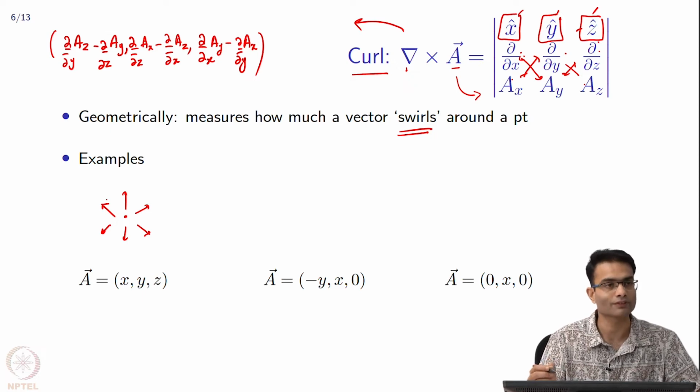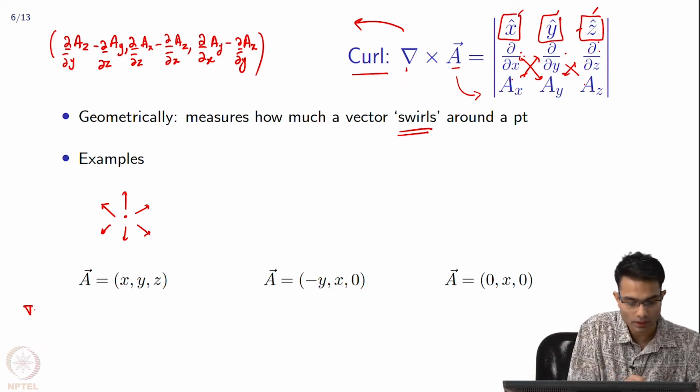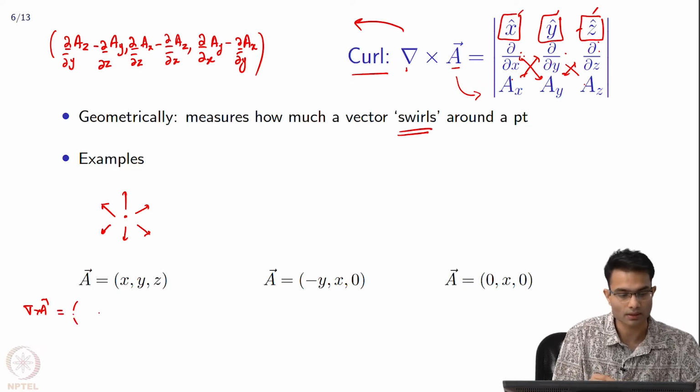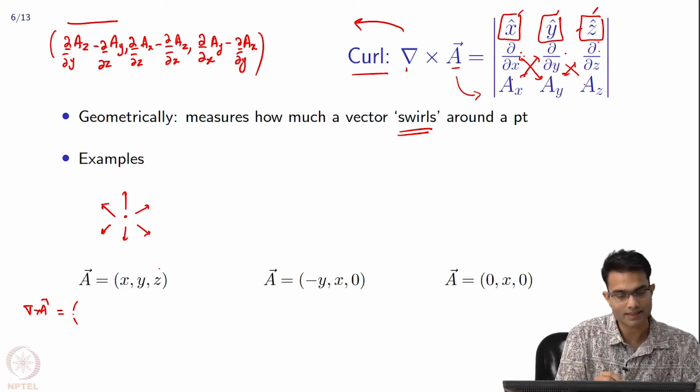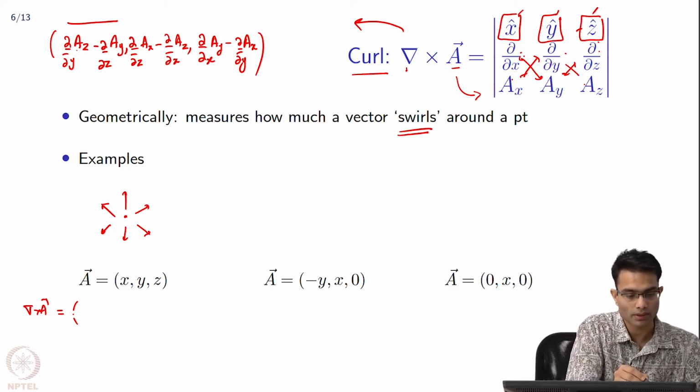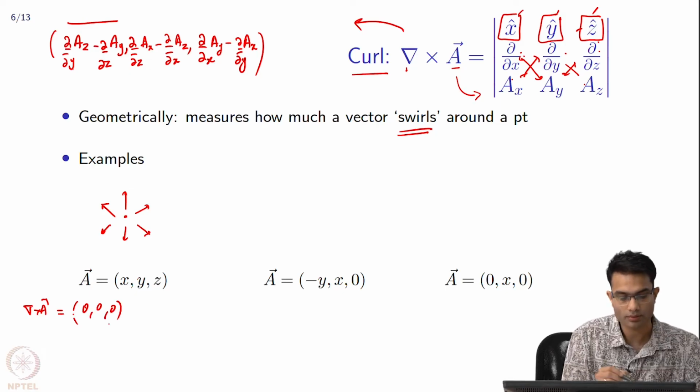Let us confirm our intuition and calculate the curl of A. The first component is this one. What is A_z? It is z. So, the partial with respect to y of A_z is 0; A_y is y, and this is 0. Similarly, A_x is x, and dx by dz is 0. So, I am going to get a big fat 0.